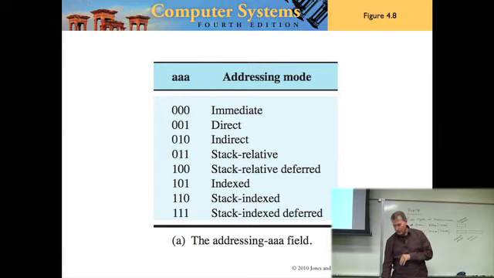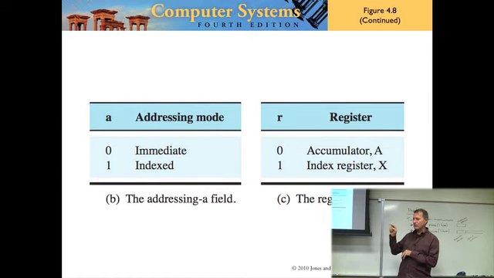Okay, now remember some of those instructions had just one A. Remember the branch unconditional had just one A. Well, if there's just one A, then if it's 0, that's immediate addressing. If it's 1, it's indexed addressing. So it has a different meaning; it's coded differently from a 3-bit addressing field.